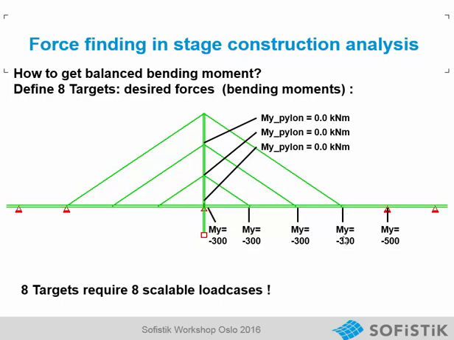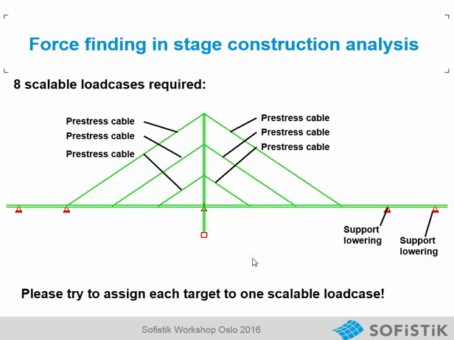Here, good bending moments, also here, and no bending moment in the tower. Also here we have 8 targets. Of course it can also be 7 or 9 or 20. And if we have 8 targets, this requires 8 scalable load cases. Now we have 6 pre-stressing load cases available, and we need 2 more.